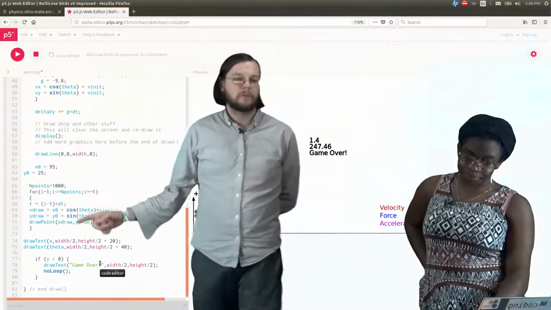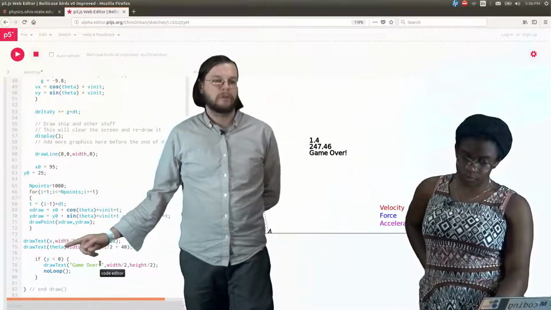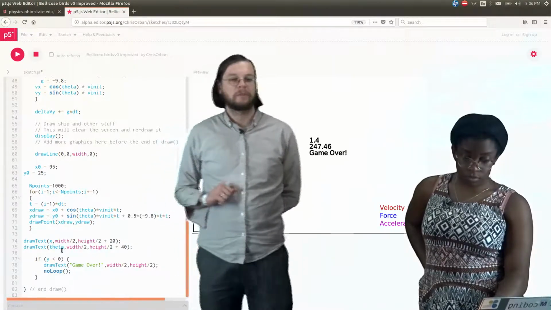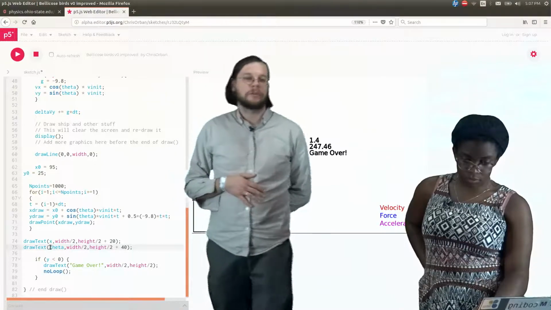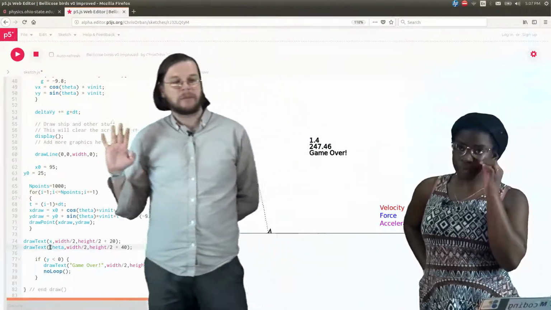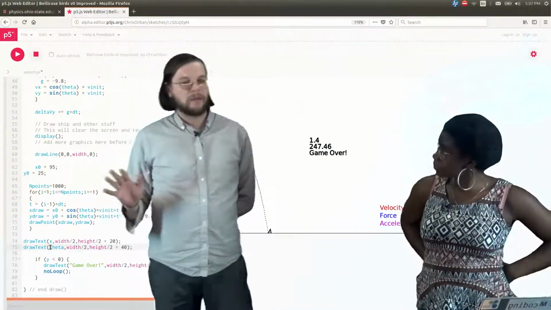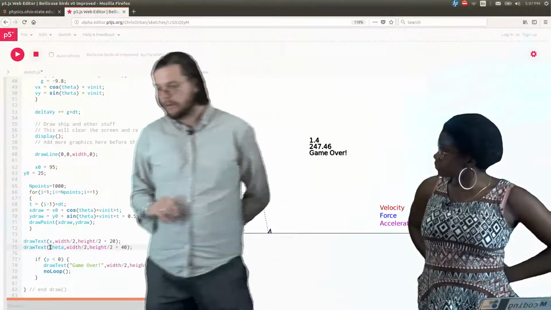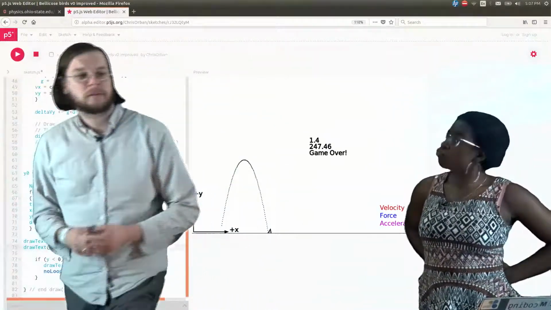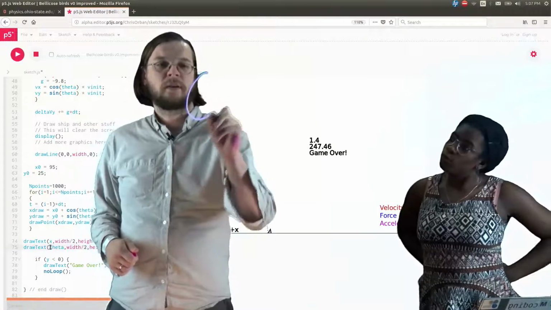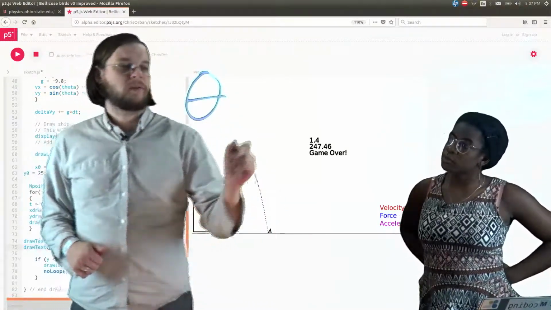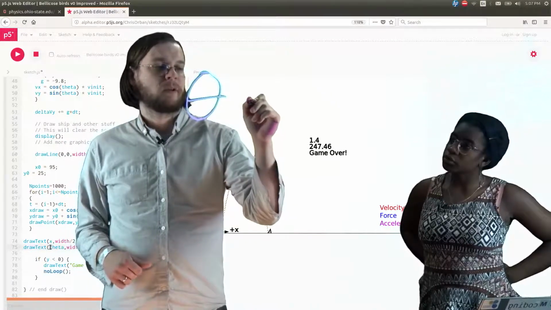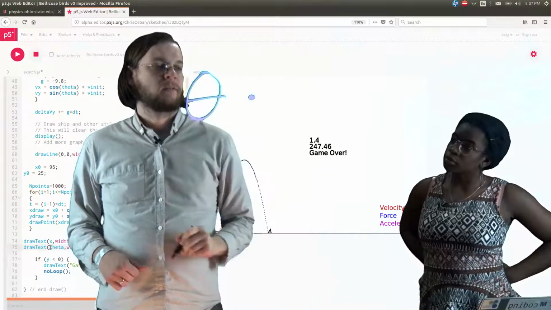So what we want to do is put our cursor in here. We want to multiply theta by something so that what it writes to the screen is actually in degrees. If I told you that theta is in radians, what should you multiply it by in order to get degrees? Let me write it out like this. If this is theta in radians, what do I have to multiply it by to get degrees?